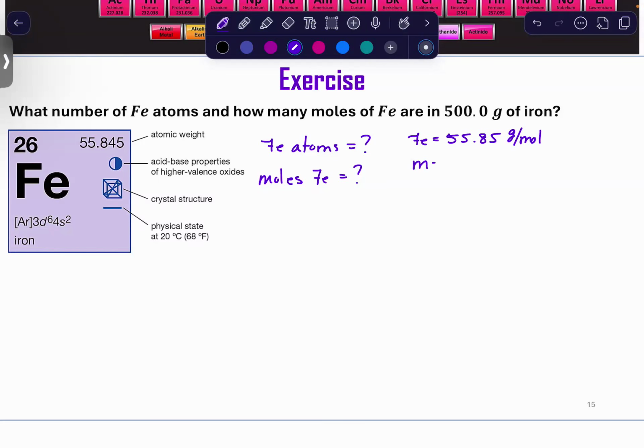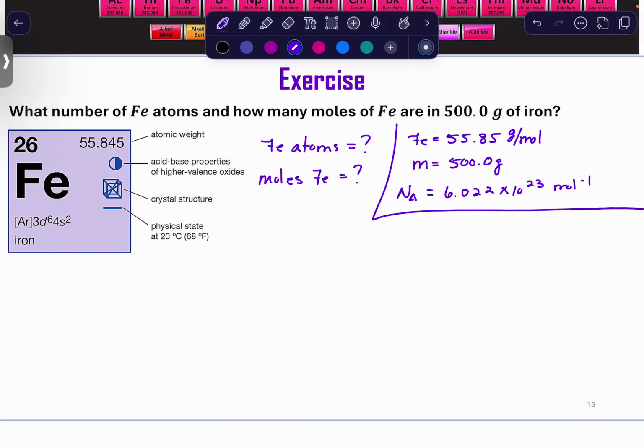I know that I have 500 grams of iron, and I also know that Avogadro's number is 6.022 times 10 to the 23rd inverse moles.